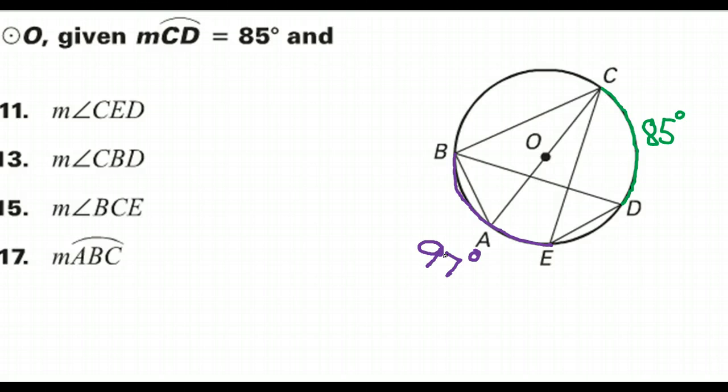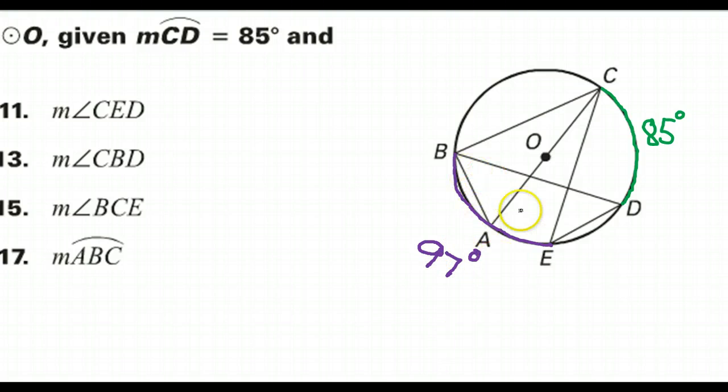So we've got that purple arc and that green arc, and somehow we have to use that to find all this other stuff. I'm sure this will come up, but notice that AC here is a diameter. So that's 180 degrees, so we have some semicircles happening here. Just watch out for that.